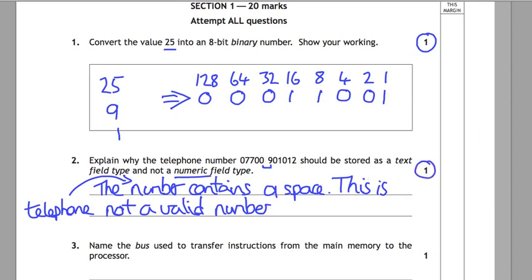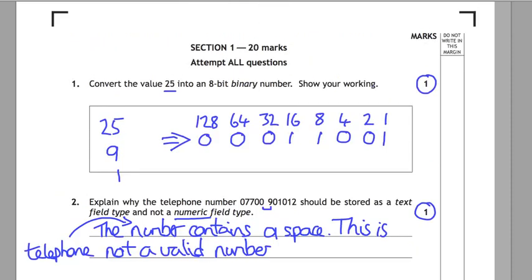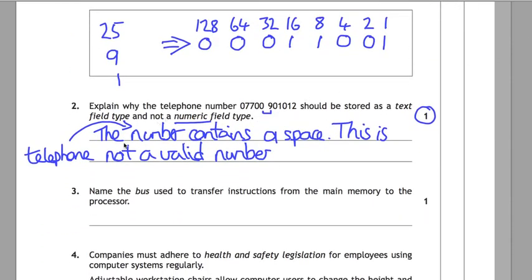Now if I scroll down a wee bit more, the next question is just talking about a bus used to transfer instructions from the main memory to the processor. Now if I load up this paintbrush, imagine that's your CPU, and imagine that's your memory.